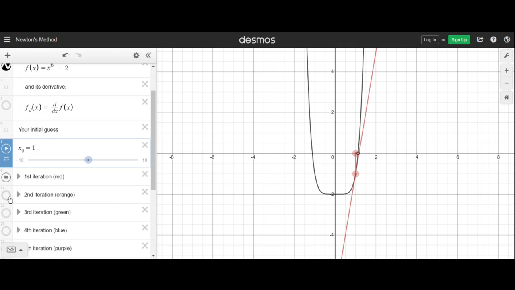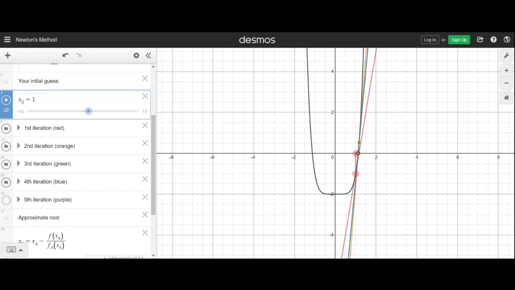Okay, and then it'll draw a second tangent line. See that? And then we continue the process: third iteration, fourth iteration. See how it's drawing the tangent lines for Newton's method? You're successively getting your x values.